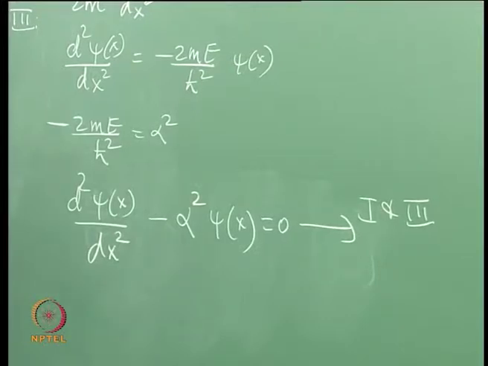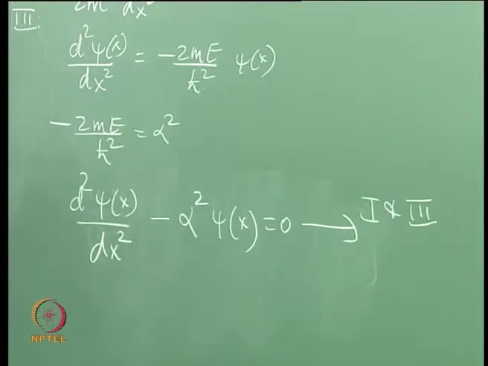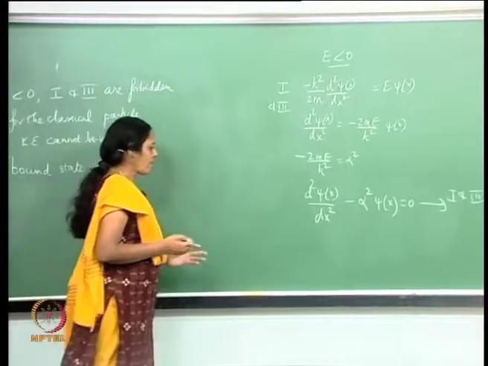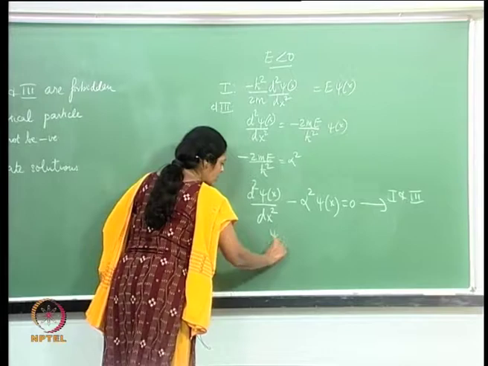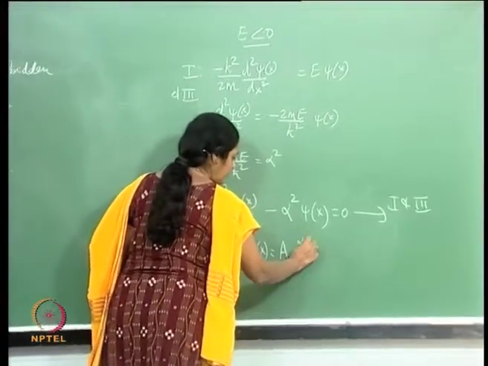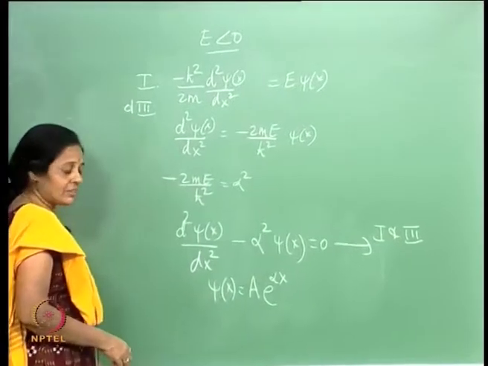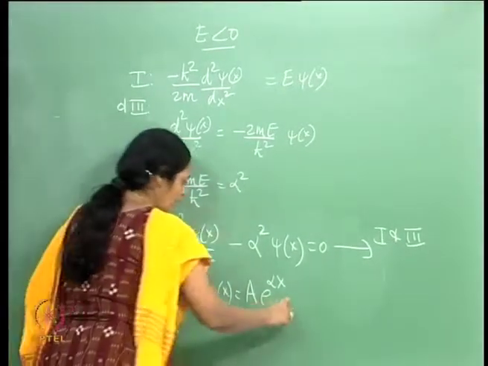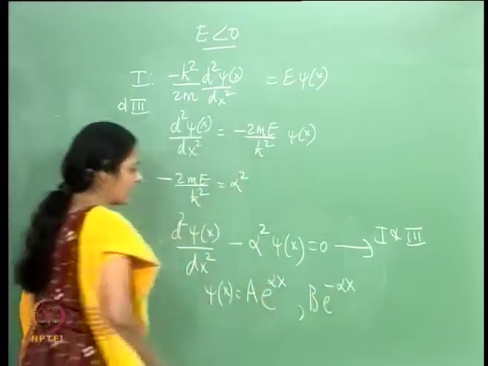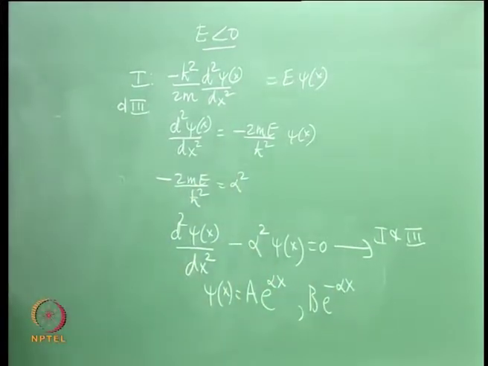Got to solve this equation. The solution is simple. The allowed solutions are psi of x is some constant a, e to the alpha x. It's also true that there is another solution, e to the minus alpha x, with some constant b.